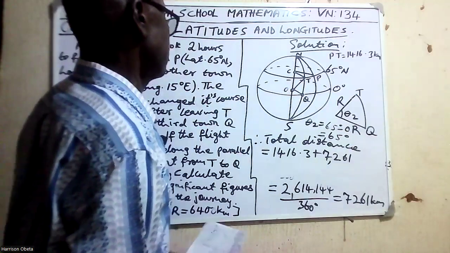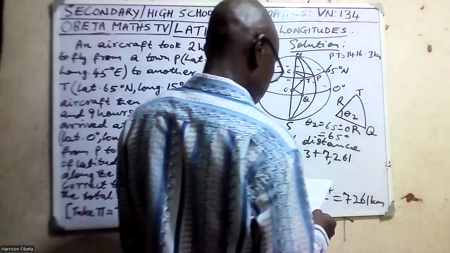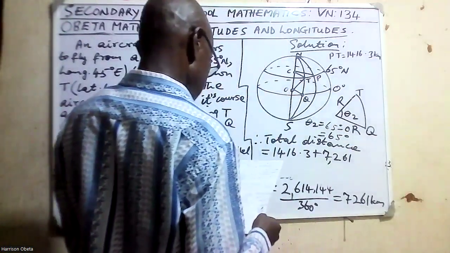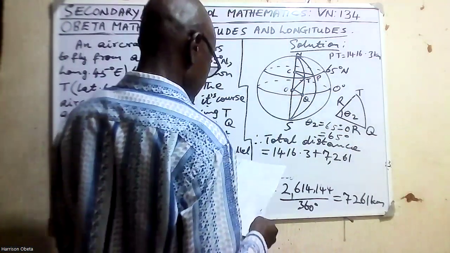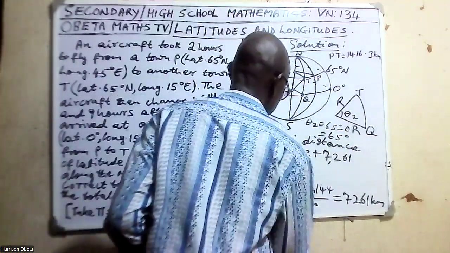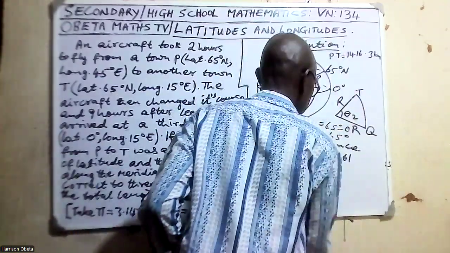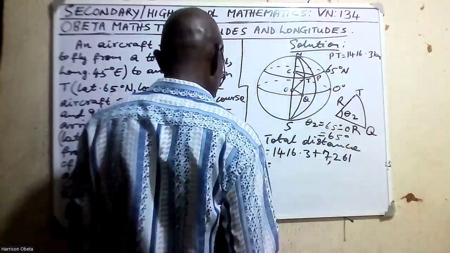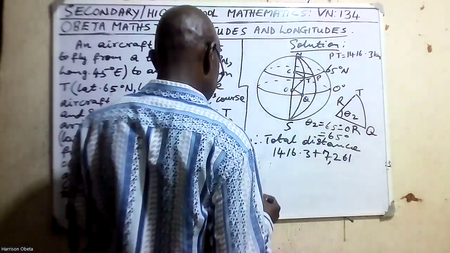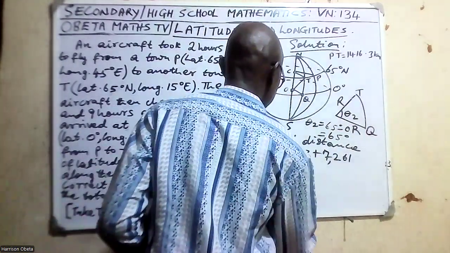So we have to add them, and after adding, this will lead us to 8677.3.